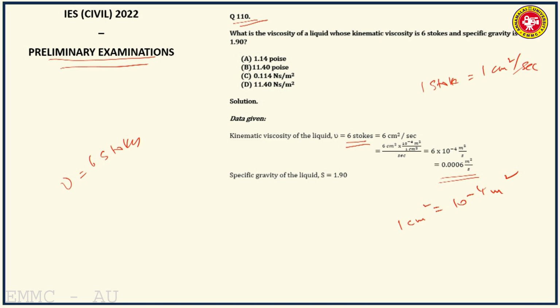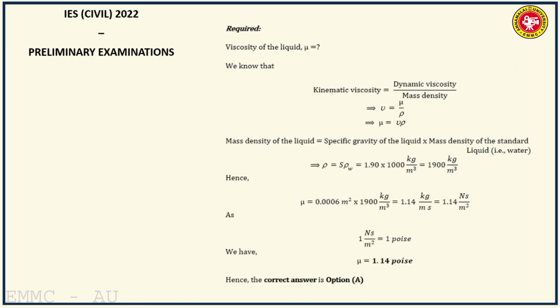Then specific gravity is given, 1.9. So what about the viscosity of liquid? We know that nu is equal to mu by rho. Nu is the kinematic viscosity, mu is the dynamic viscosity, and rho is the mass density. So nu is known. Rho is what? The specific gravity of the liquid is given 1.9 multiplied by mass density of the standard liquid, that is water, 1000 kilogram per meter cube.